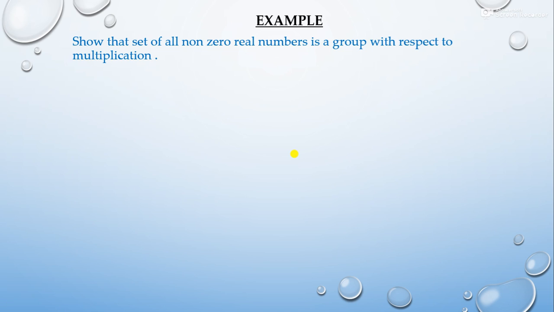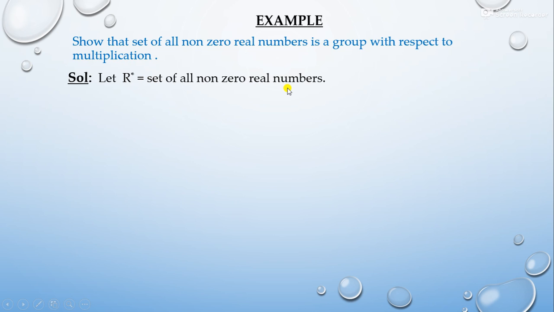Okay, so now let's take another example. Here we have to show that the set of all non-zero real numbers is a group with respect to multiplication. Again, suppose R star represents the set of non-zero real numbers.